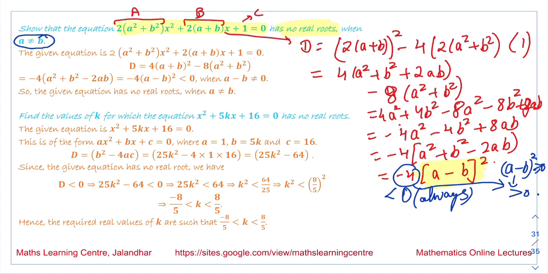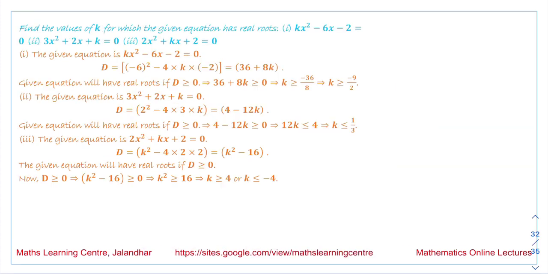It means whatever the values of a and b are, the value of the discriminant is always less than 0, and this tells us that the given equation has no real roots.